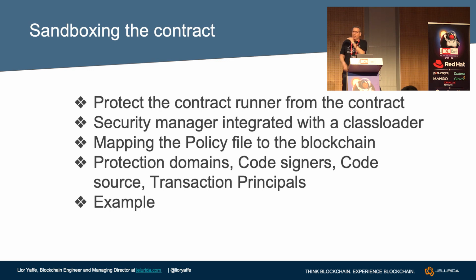So this actually gives us three levels of permissions for contracts. One is all contracts, which is very little permission. Then contracts submitted by a specific account. Think of it like apps submitted by a specific company, which can have their own out-of-the-box permissions.